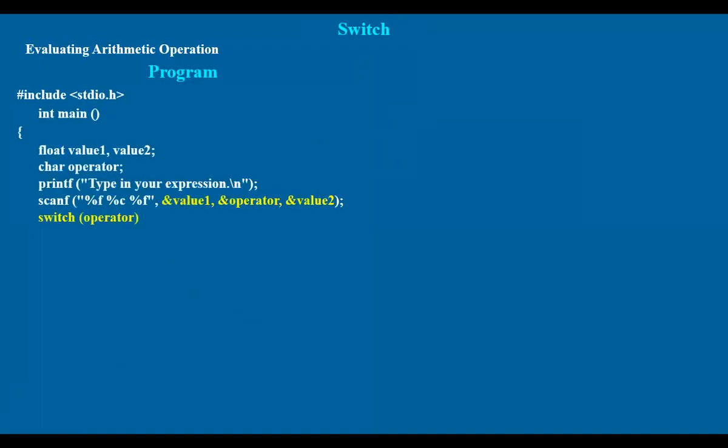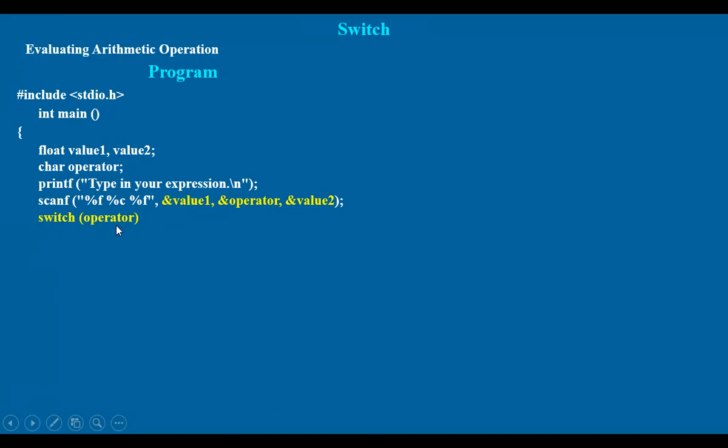Now, the same set of output we want using the switch. We want the same type of result by using the switch program, the switch operator. So here we have taken the same two values and one operator as a character, reading these values and the operator. Now comparing, depending on the operator, we are using switch on operator.